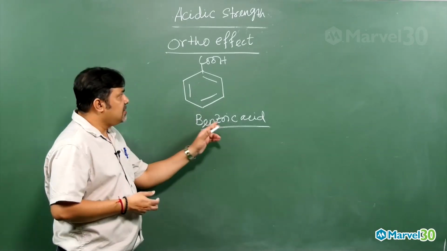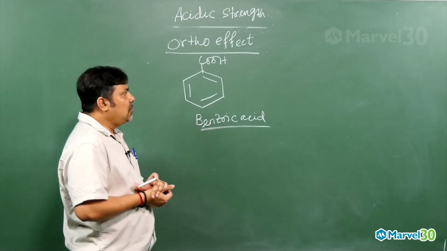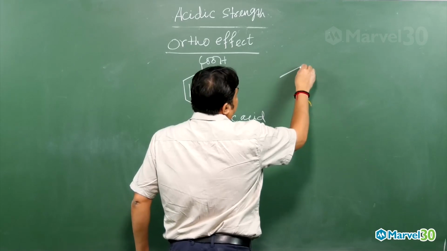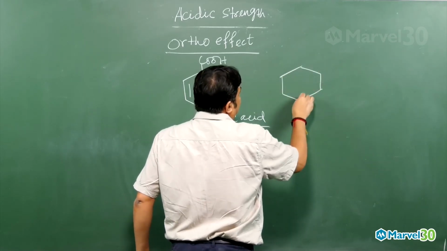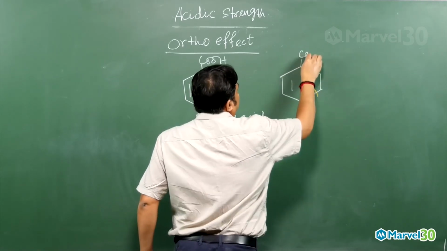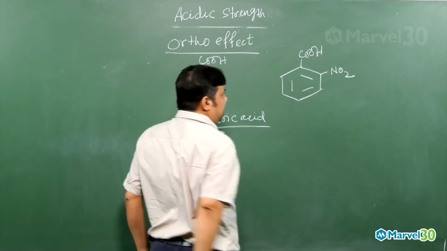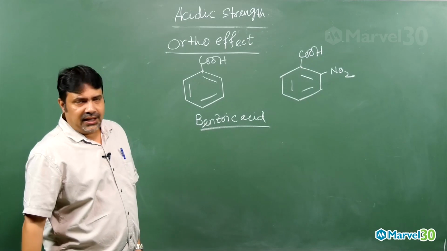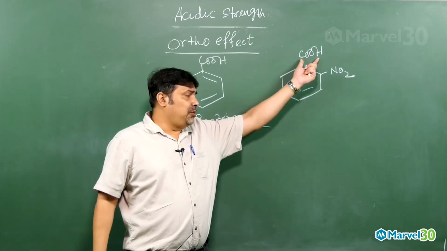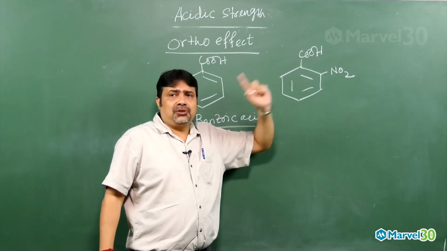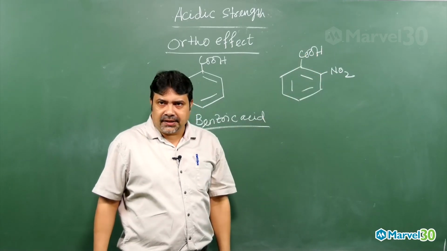Now you look at this benzoic acid, and another one with a nitro group. Maybe you will think that whenever there is a conjugate base, the negative charge will be stabilized immediately.